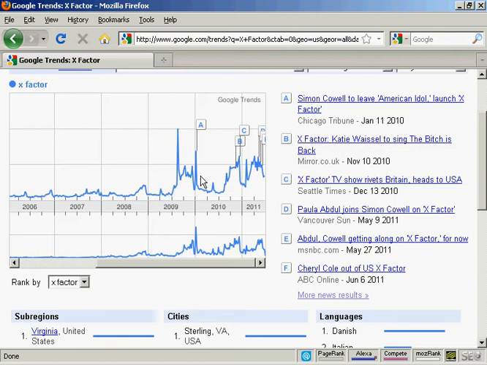And then you've got other peaks when further announcements were made. You can see here there were more news stories being written, and then you've got the various peaks as the show starts to take off and so on. And this one here shows the peak in traffic when Simon Cowell announced he would leave American Idol, and these when various things happened on the show. You know, when people started writing about Cheryl Cole and Paula Abdul and so on.